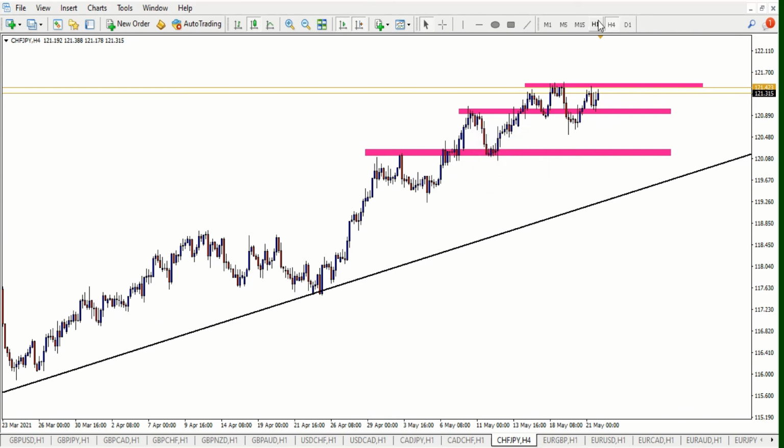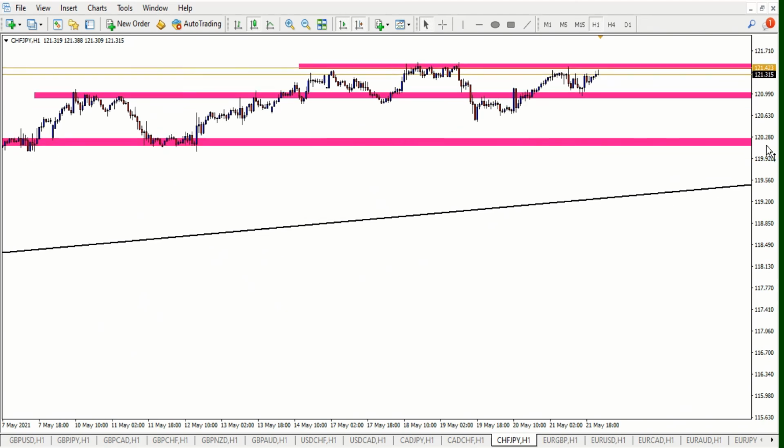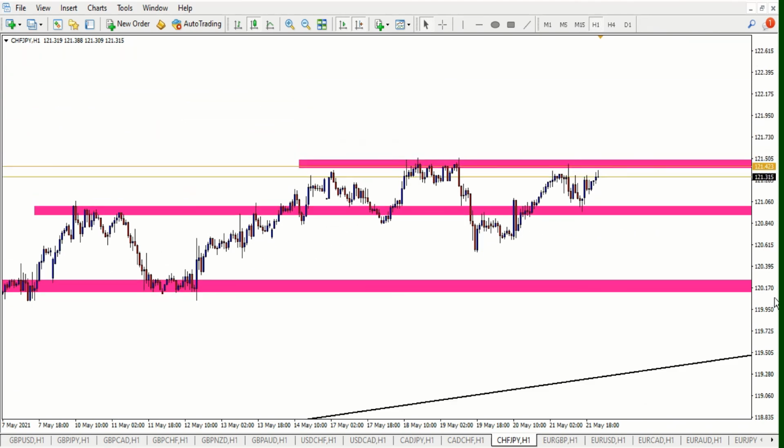Okay, so for the 1-hour, what we're expecting to see is the market to move back down to the support and continue its way back up, or the market could break through this resistance, come back down, and continue its way back up.